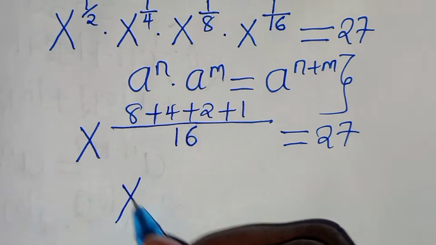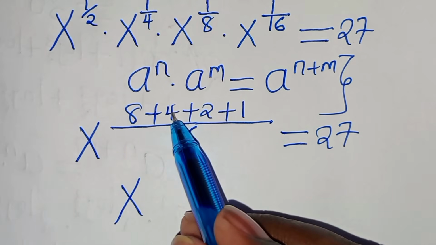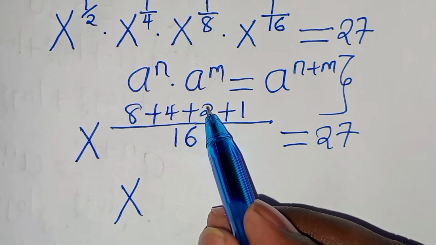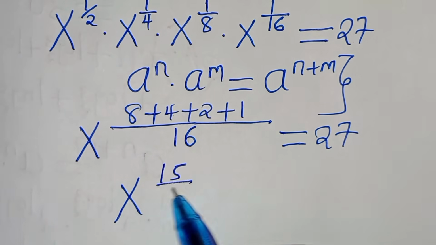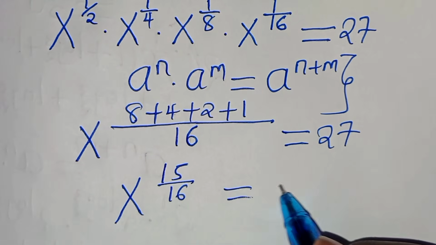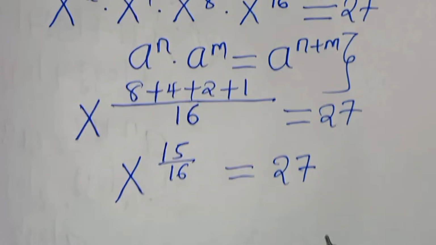So this is x to the power of 8 plus 4 is 12, plus 2 is 14, plus 1 is 15 over 16, and this is equal to 27.